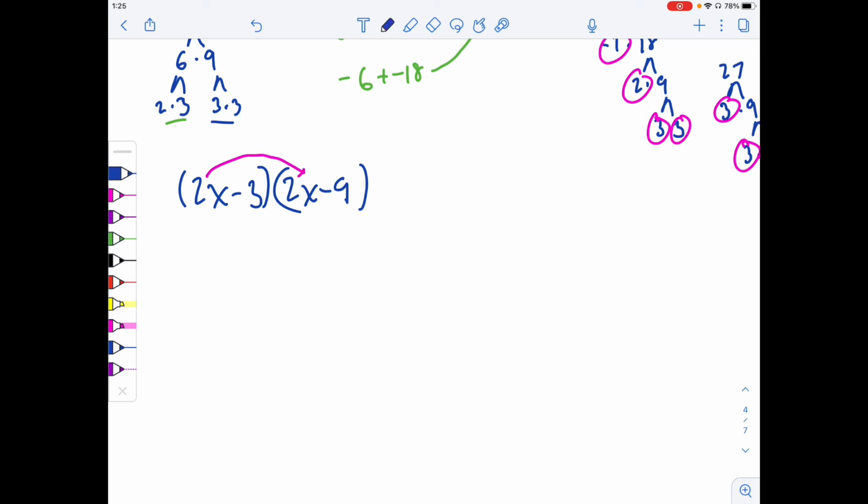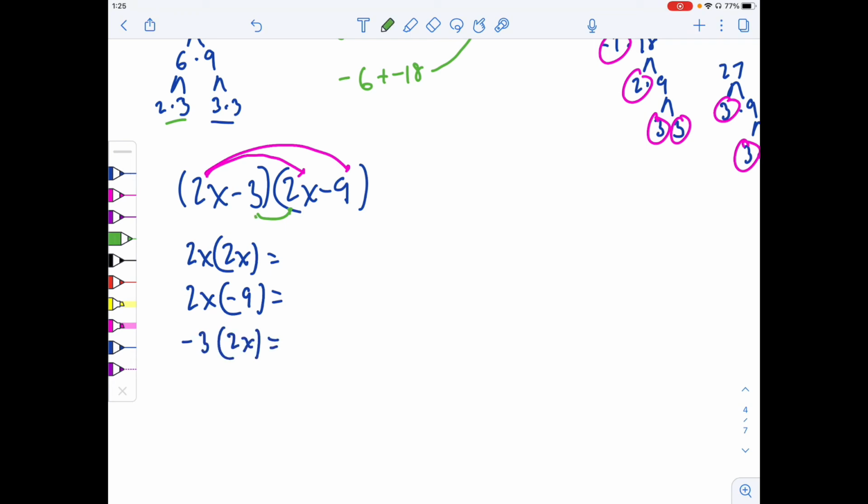First, 2x times 2x. Outside, 2x and negative 9. Inside, negative 3 times 2x. Last, negative 3 times negative 9.